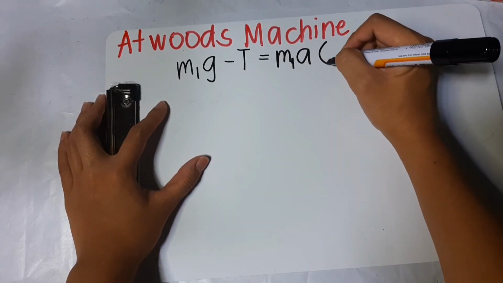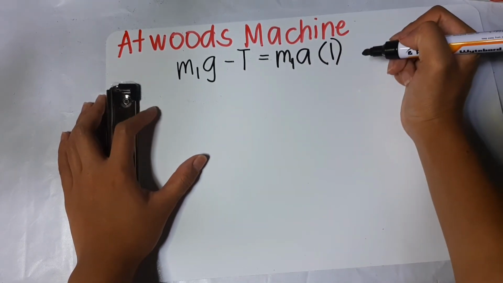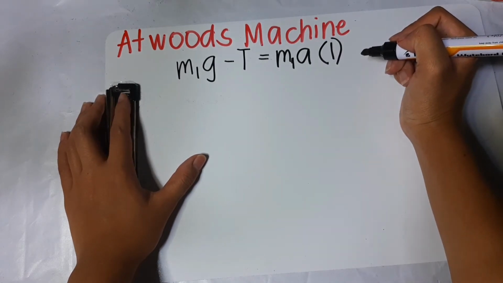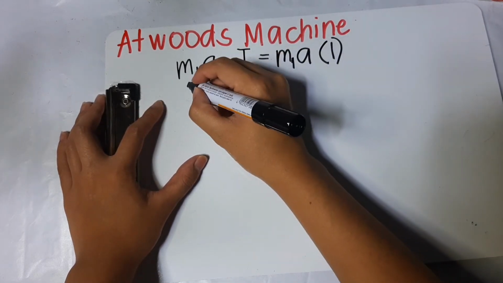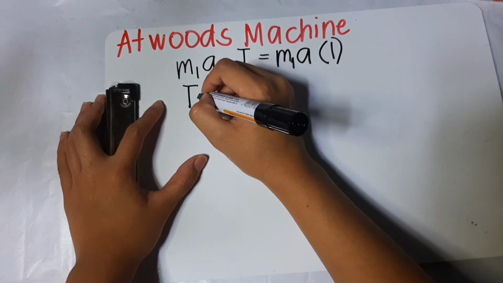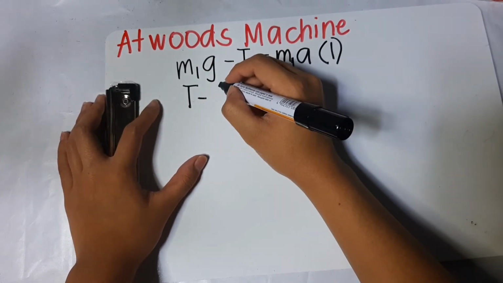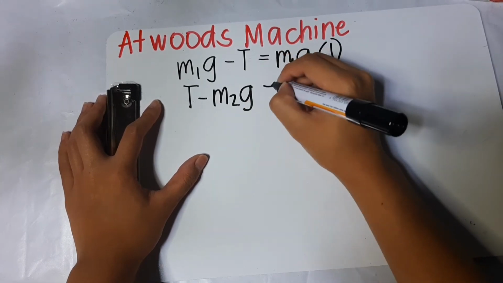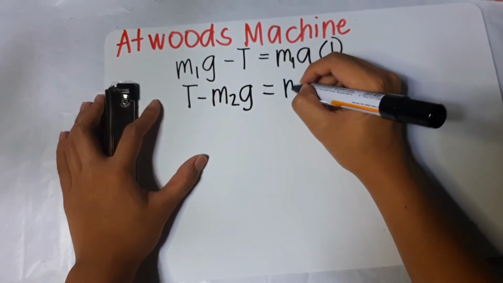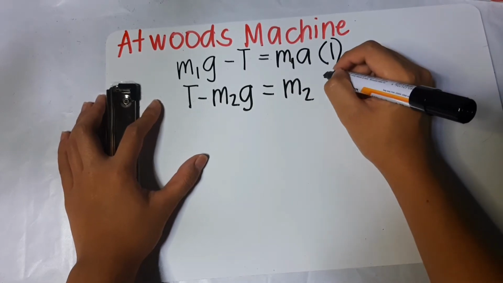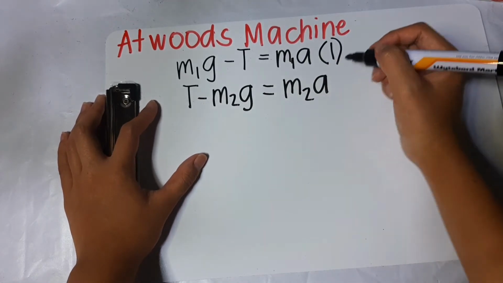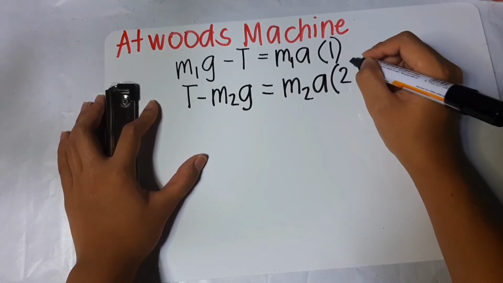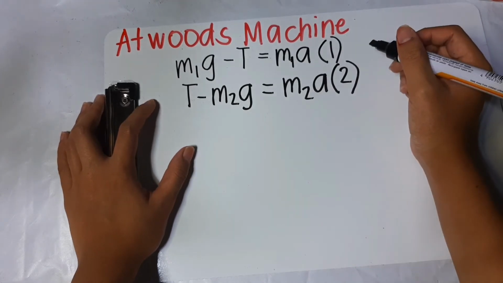This is our equation number 1. For equation number 2, we have T minus mass 2 times gravity is equal to mass 2 times acceleration. So this will be our second equation.